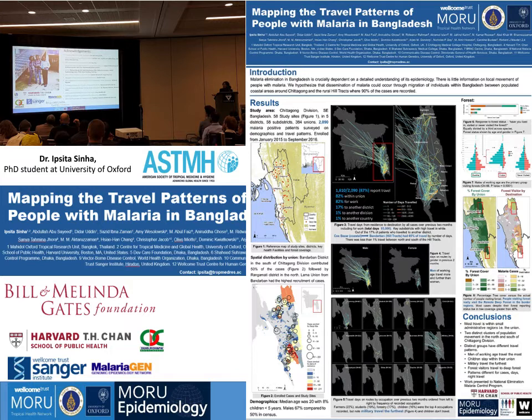Here she also tried to show the forest. She did the analysis with the forest cover. So here you can see the forest cover, and she tried to show the relationship between the forest cover and the people who travel to the forest. I'm also one of the co-authors of this paper as well.